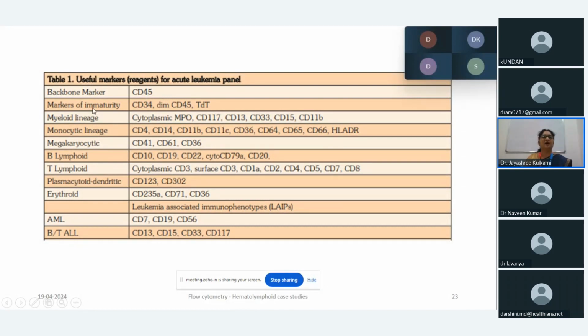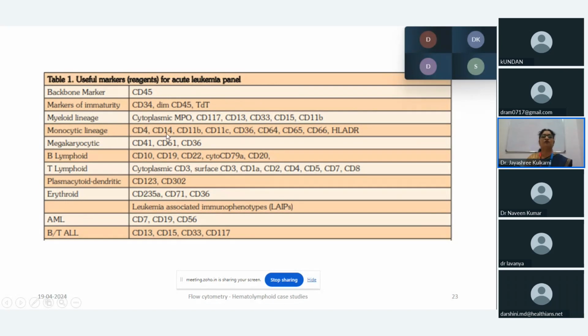So you have markers of immaturity: your CD34, dim CD45, TdT. I'll show you what dim CD45 means. I told you CD45 is a backbone marker present in all the cells, but as soon as we say immaturity, CD45 will become dim, right? Myeloid lineage, we saw that: MPO, CD117, CD13, CD33, CD15, CD11b.